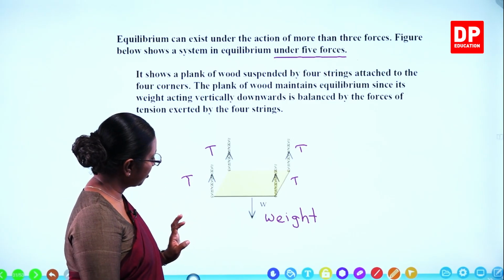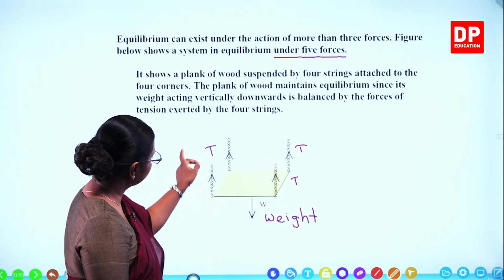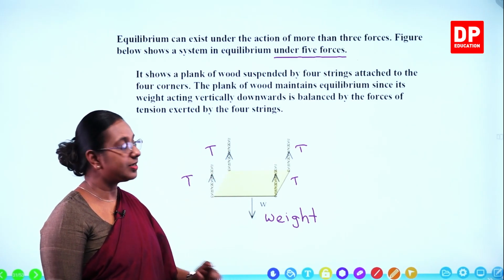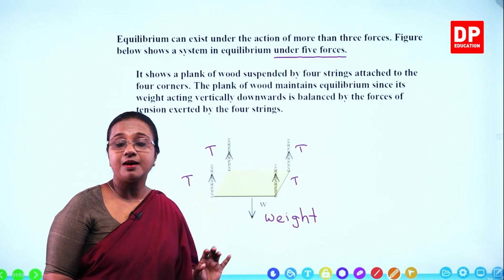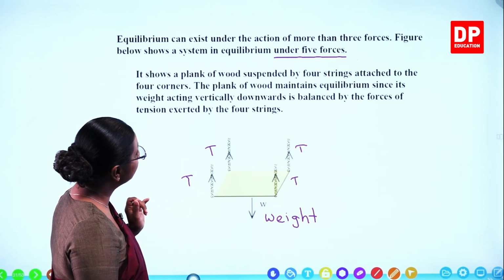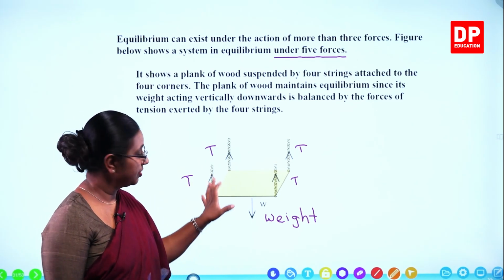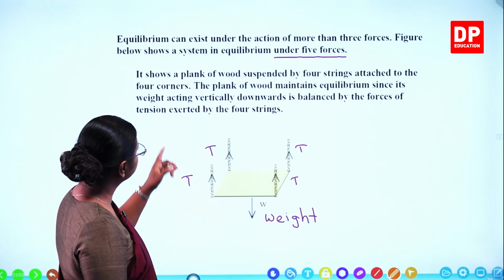So here, students, you all can see the weight of the swing, or the plank of wood, is acting downwards, and the tension acts upwards along the ropes. So it shows a plank of wood suspended by 4 strings attached to the 4 corners. So that is what you see in the diagram.